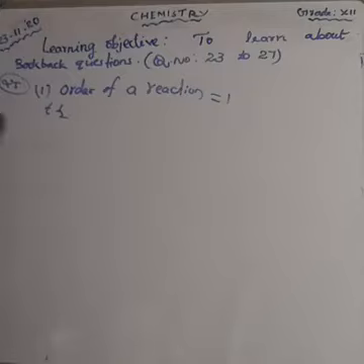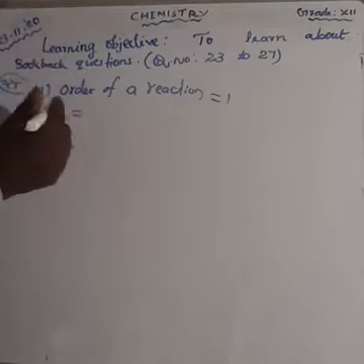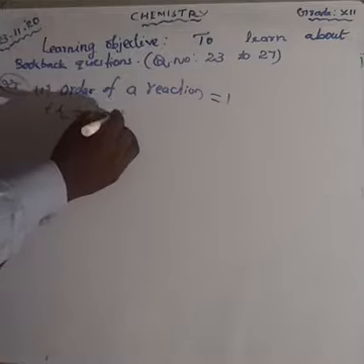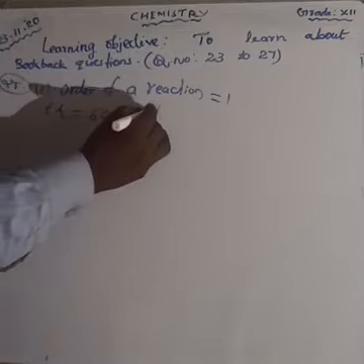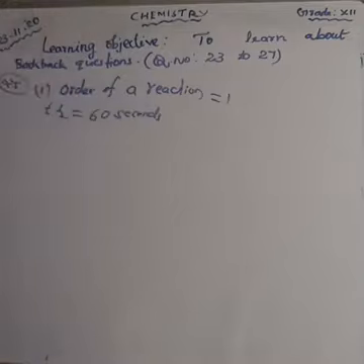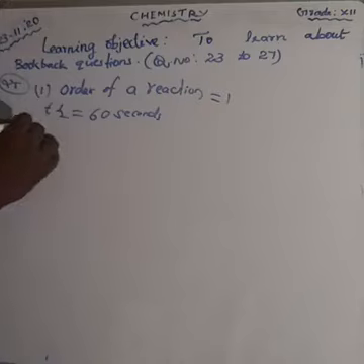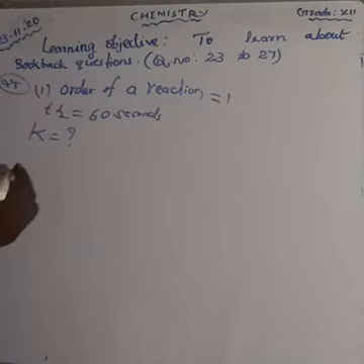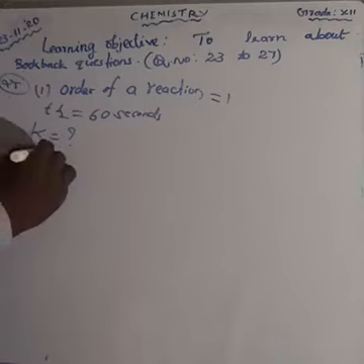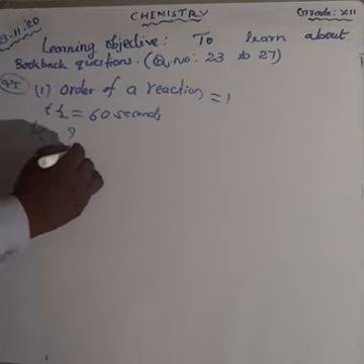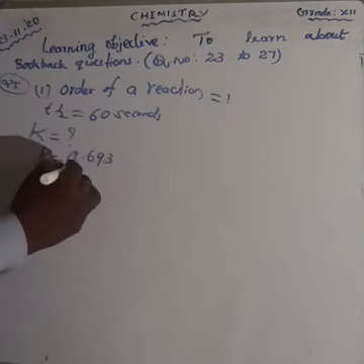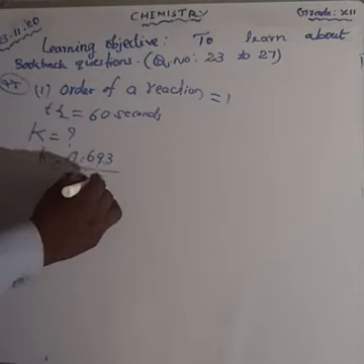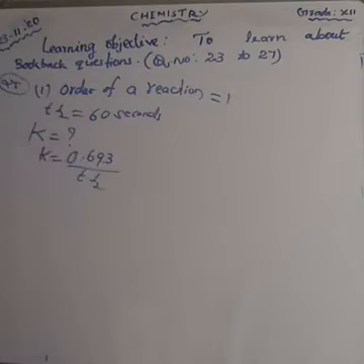T half is given as 60 seconds. Then we should calculate K. We know the K formula: K is equal to 0.693 divided by T half. This is the formula.